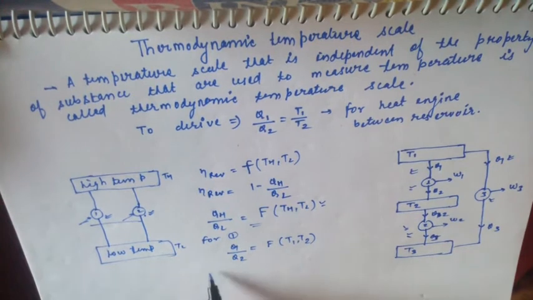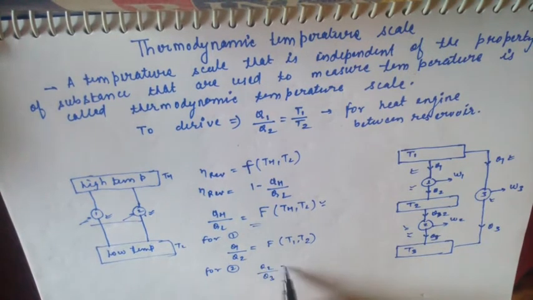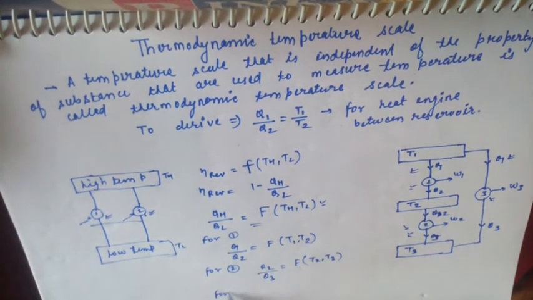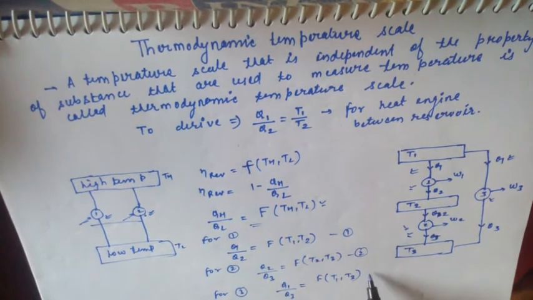Now for 2, similarly we can write Q2 upon Q3 is equal to F(T2, T3), and for 3 also we can write Q1 upon Q3 is equal to F(T1, T3). This is our equation first, this is our equation second, this is our equation third.